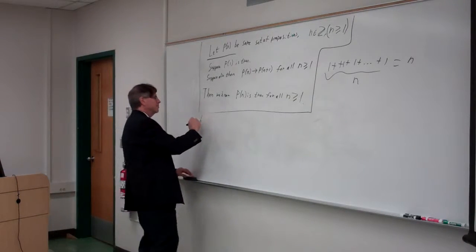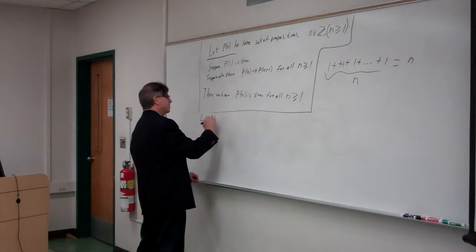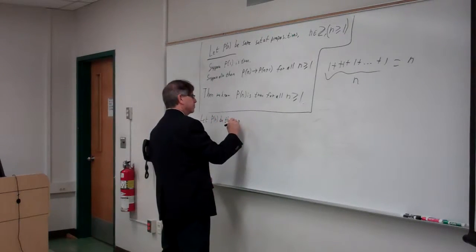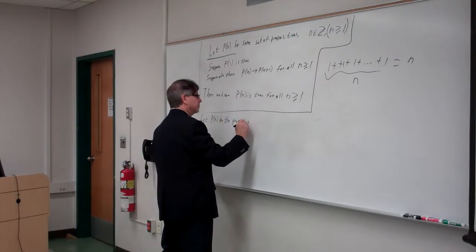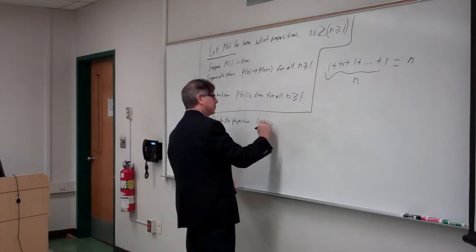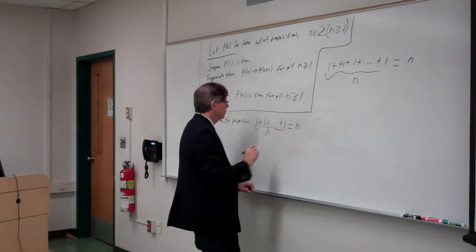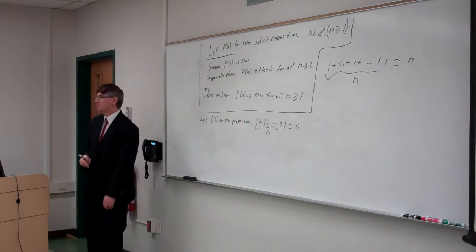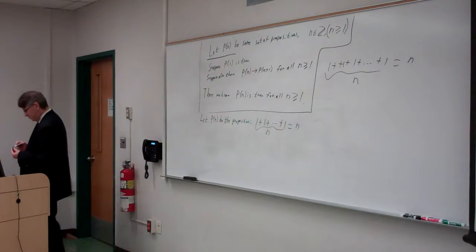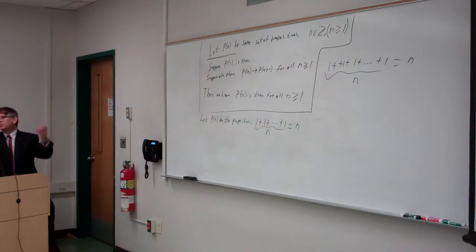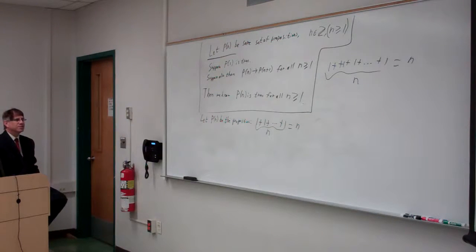So let P of n be the proposition that adding up n ones equals n. And we're not saying it's true, we're not saying it's false, that's just a proposition. The sum of n ones is equal to n.